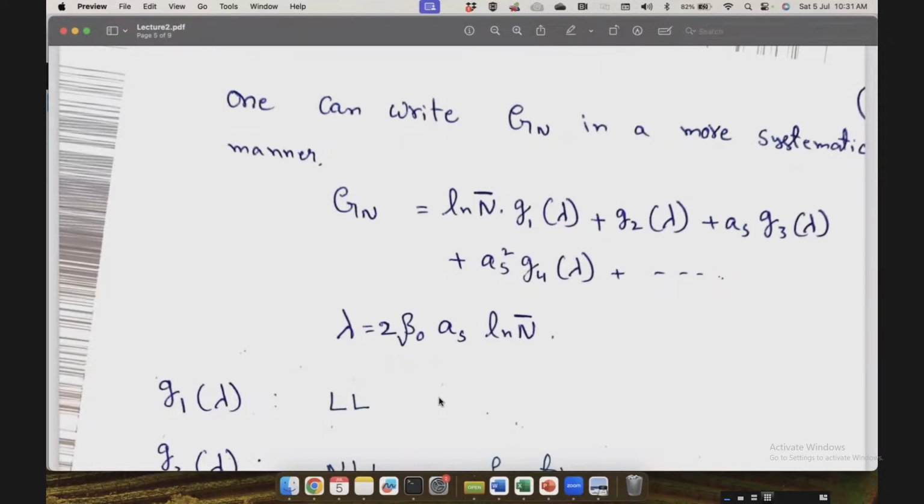So the thing we are discussing is how to organize the tower of large logarithms in a systematic manner, such that by just looking at the expression of G_n, I know that if I take this term, I'm touching the first dominant logarithms. If I take one more term, I'm touching the second dominant logarithms.